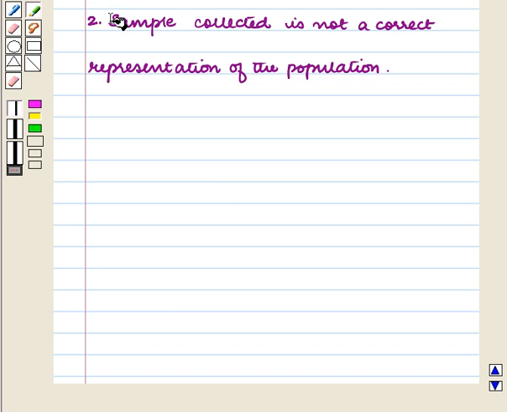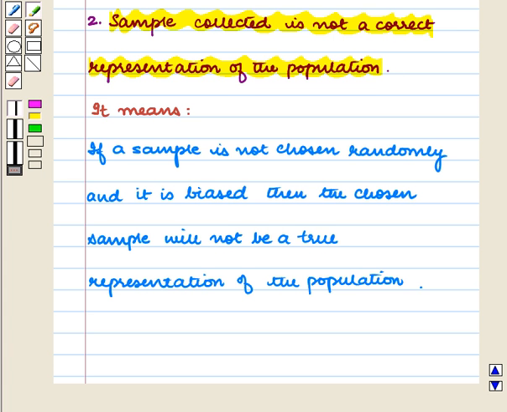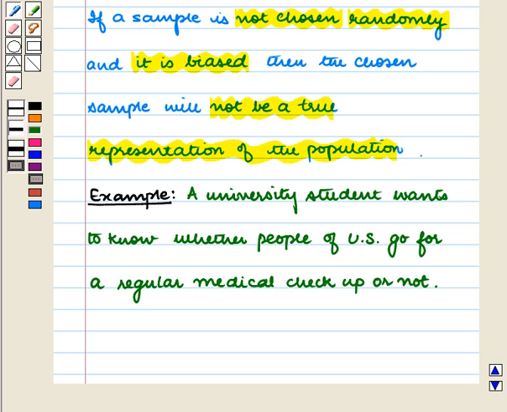Second is, the sample collected is not a correct representation of the population. It means if a sample is not chosen randomly and it is biased, then the chosen sample will not be a true representation of the population. For example, a university student wants to know whether people of the US go for a regular medical checkup or not.